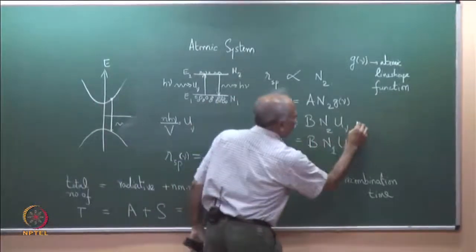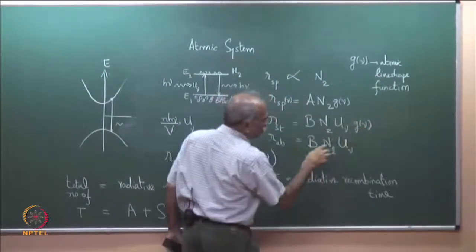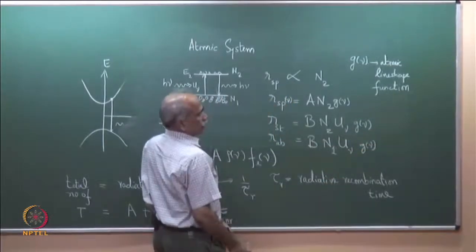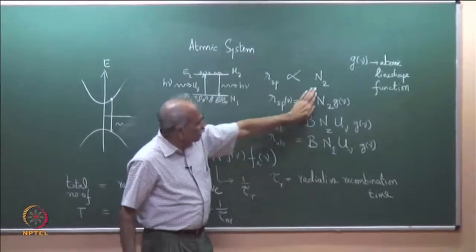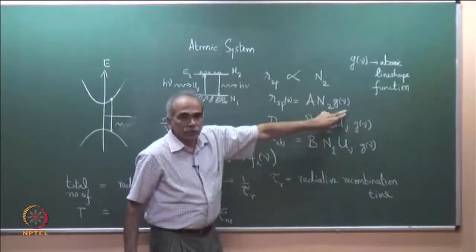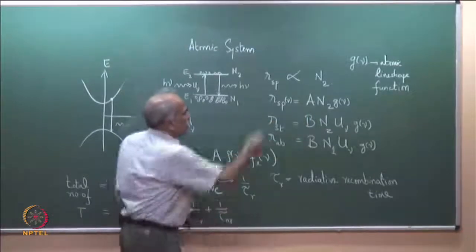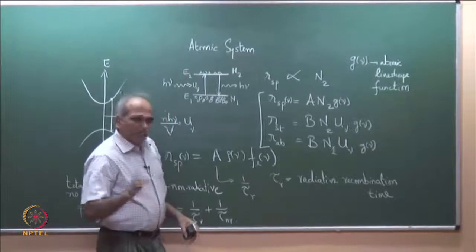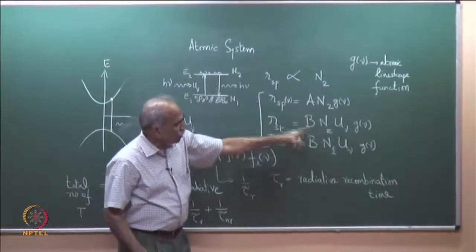So, everywhere you will have an additional term g nu, that is N2 into g nu, N1 into g nu. So, spontaneous emission at a frequency nu is proportional to N2 into g nu, and A is the proportionality constant. These are the three expressions that we have. For a non-degenerate system, B is the same for absorption and emission.